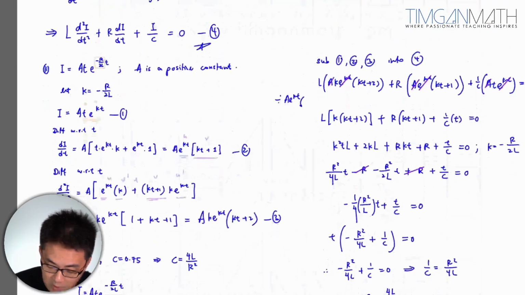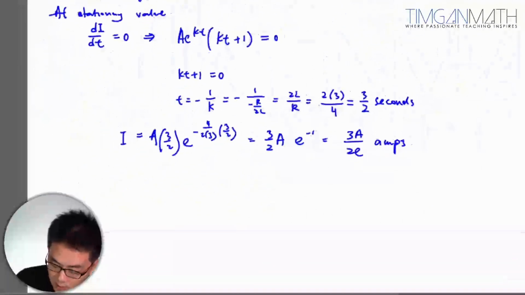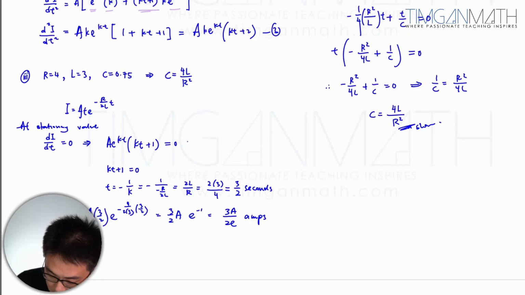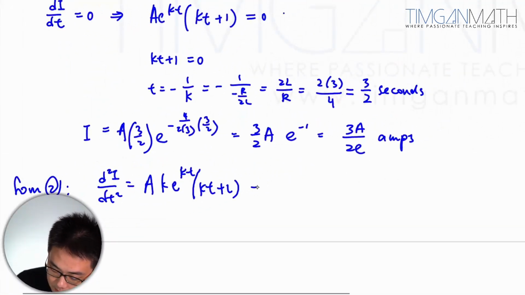To show its maximum, you just substitute into the second derivative here, which we have here. So d squared I over dt squared, from before, we know that this will be A k e^(kt) times (kt plus 2). So we substitute the timing in.